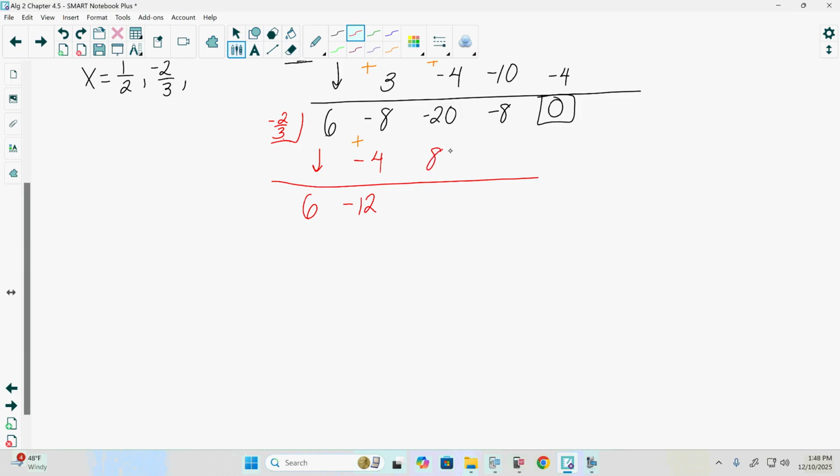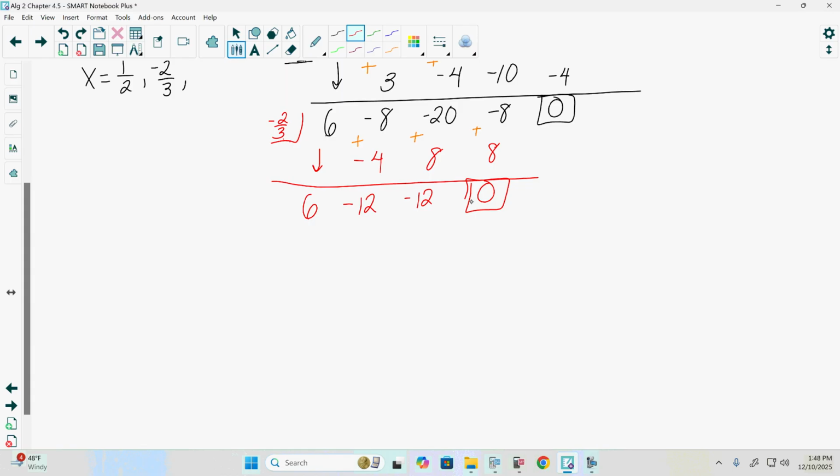And 2/3 times 12 is going to give us 8. Negative 20 plus 8 is negative 12. Negative 2/3 times negative 12, we already know is going to be positive 8. And negative 8 plus 8 is 0.